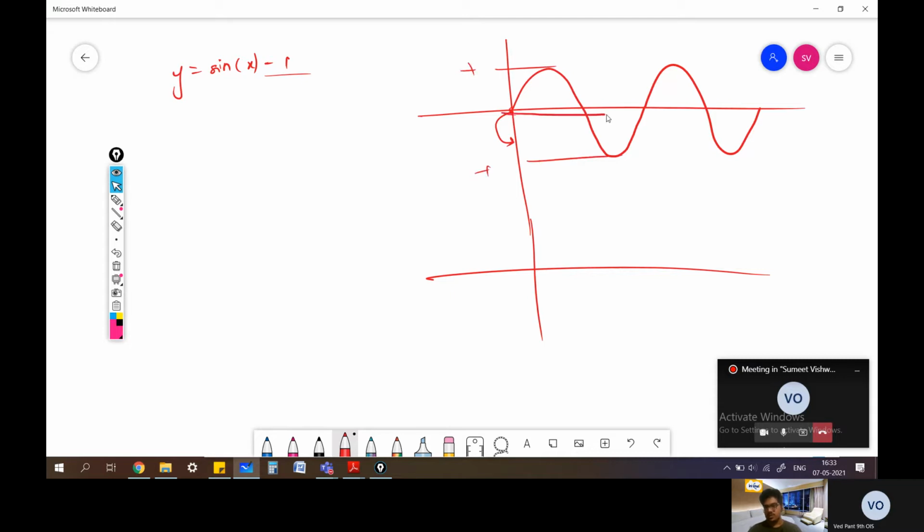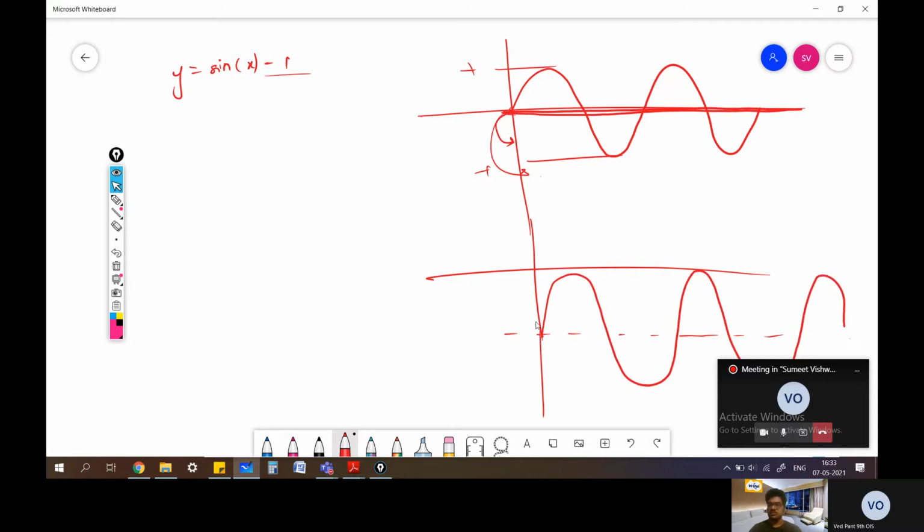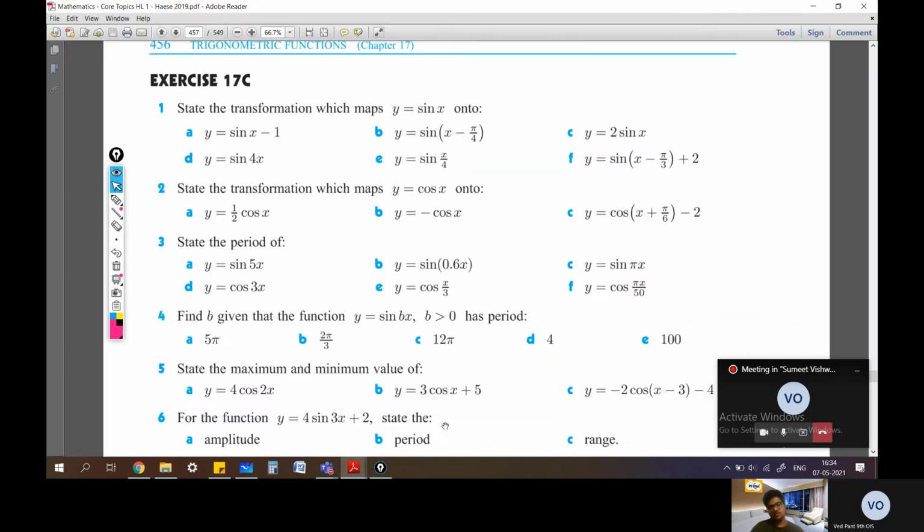So my mean line is shifted towards this value. So my mean line will be like this, and my function will remain as it is. It will touch like that. This will be my function sin x minus 1. Understood? So it is moving in the downward direction by 1.